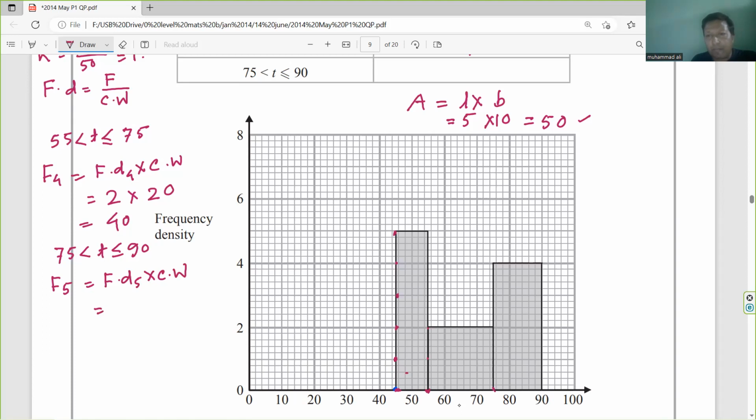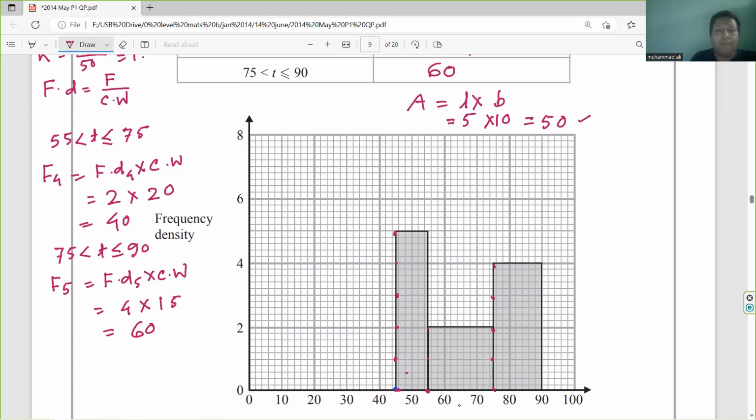For 75 to 90, the frequency density is 4 and the class width is 15. So 4 times 15 is 60. So the frequency of the fifth interval is 60.